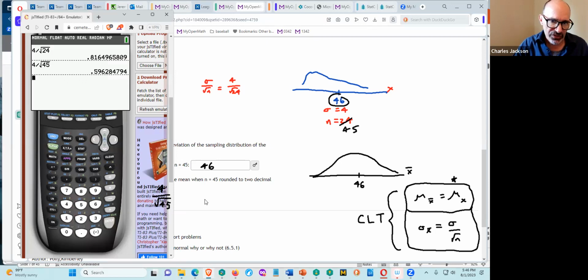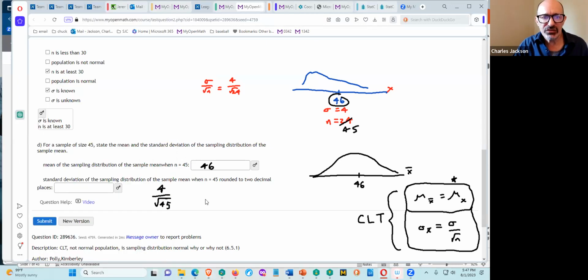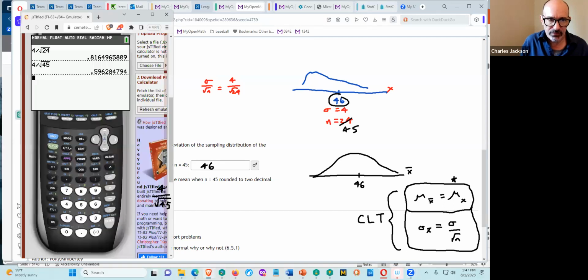So there's our new standard deviation of the sampling distribution of the sample mean. 0.5963, to 2 decimal places, 0.60.